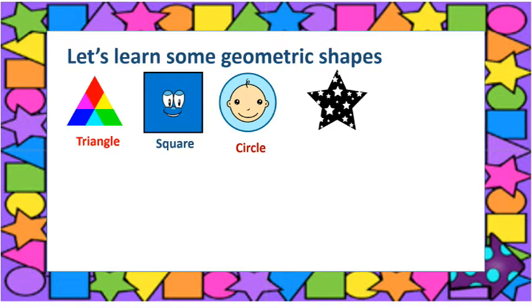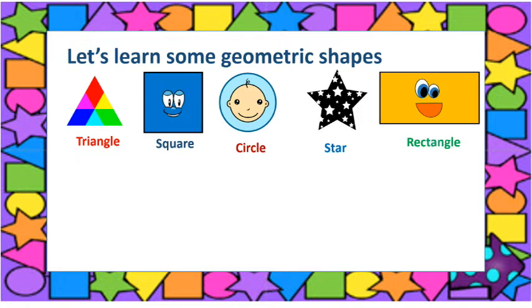It is a star. Can you guess what shape is this? It is a rectangle. A rectangle has how many sides and how many angles? It has 4 sides and 4 angles. 2 sides are long and other 2 sides are short.